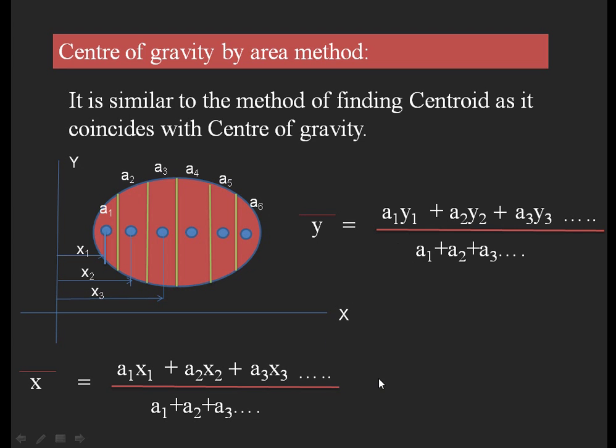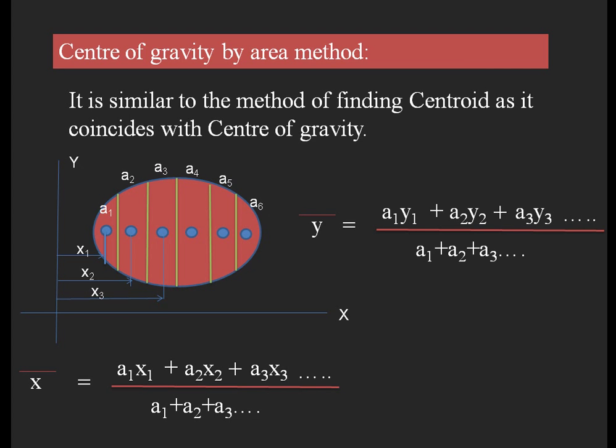Then what about solid bodies? In solid bodies, in place of the area we need to consider the volume. Here also we divide the body into a feasible number of parts of convenient shape, and consider volume 1, volume 2, volume 3, according to the number of parts. In place of areas we take the volume of each part.